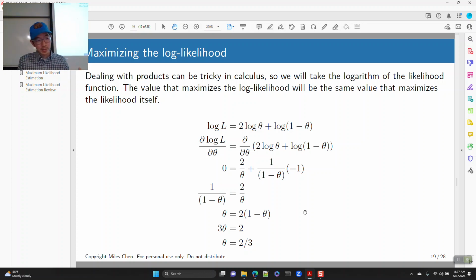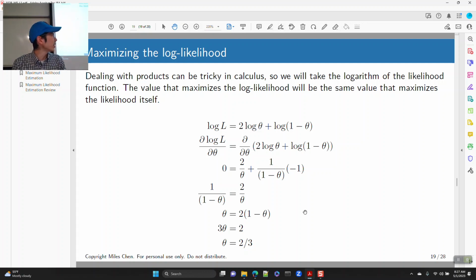When you take the log, it turns the product into a sum, and it's a lot easier to deal with derivatives of sums than derivatives of products. And because the log is a monotonic function, the value that maximizes the log likelihood is the same value that maximizes the likelihood. So our next step is to take the log of the likelihood function.